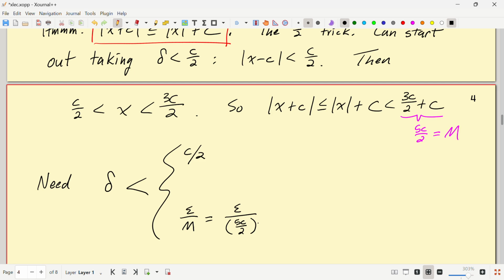Well, there's an easy way to do that. Take delta to be the min of those two things.